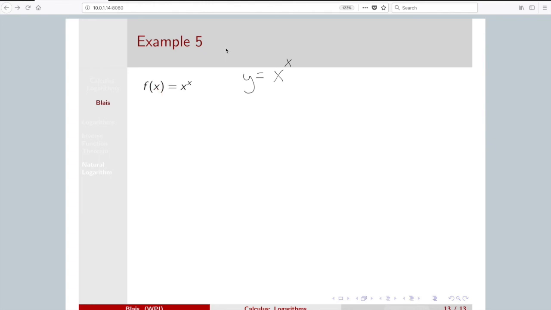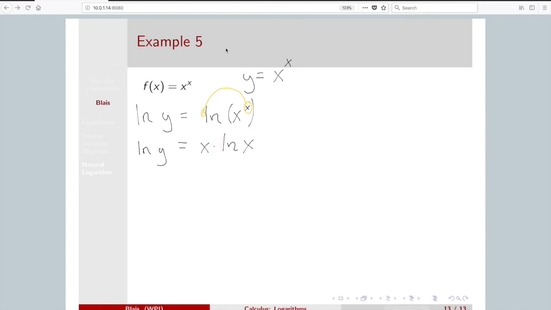So we first just write y equals x to the x, but now take the log of both sides. Our property of log allows us to take that x out front. So this becomes natural log of y is x times the natural log of x. Now this is something that we can differentiate.